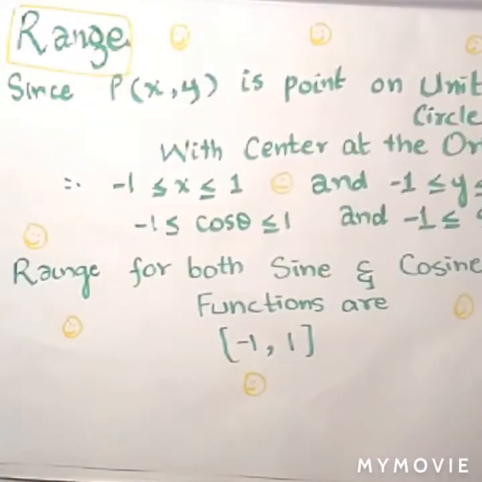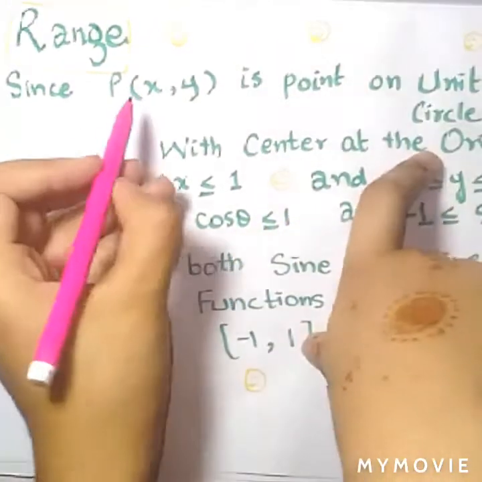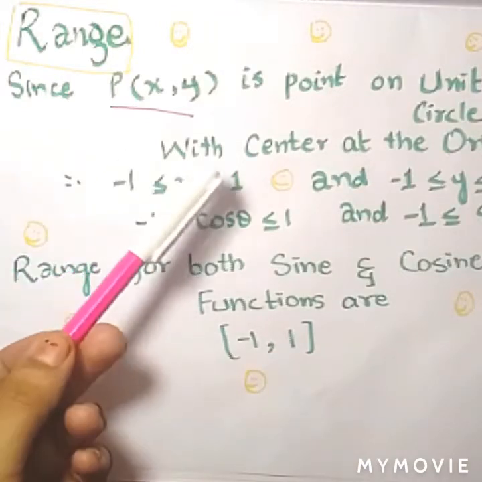Range for that function: since the range is a point on the unit circle P(x, y), if there is a domain x and y, then we can say that the range is also in the point x and y.